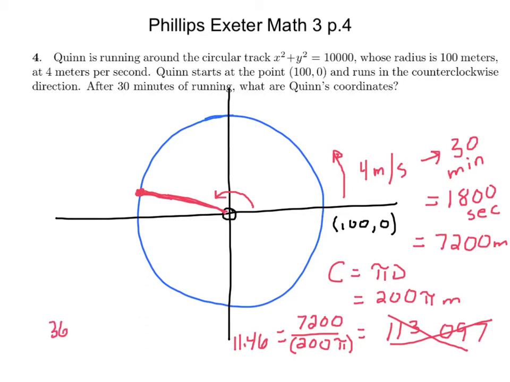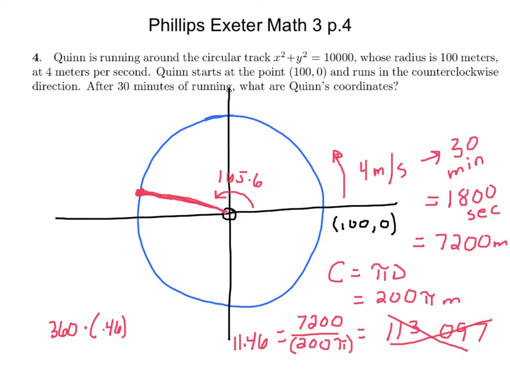Right, so we go 360 times 0.46. 165.6. And that makes sense, right? Because 180 would be all the way to the negative x axis. So that's 165.6 degrees.